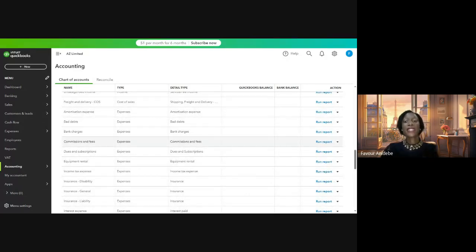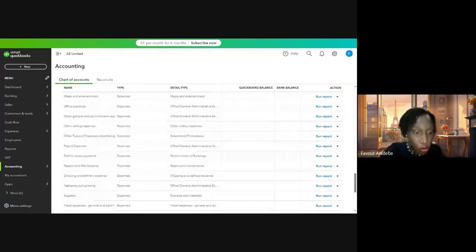If it was an organization that was incorporated into CAC or that is quoted on the Nigerian Stock Exchange, it means that by virtue of you being quoted on the Nigerian Stock Exchange, you must have raised some form of capital by selling shares. So for this particular practical we are doing, we're not going to bring in share capital, because literally this company is not quoted on the Nigerian Stock Exchange. We did not raise capital by selling shares or by doing an initial public offer.